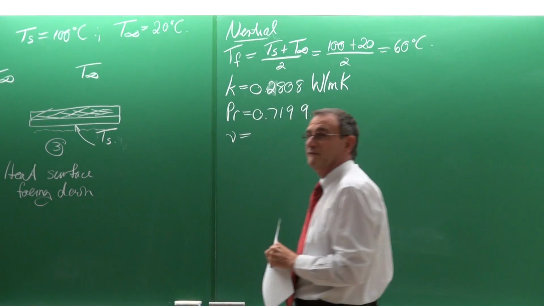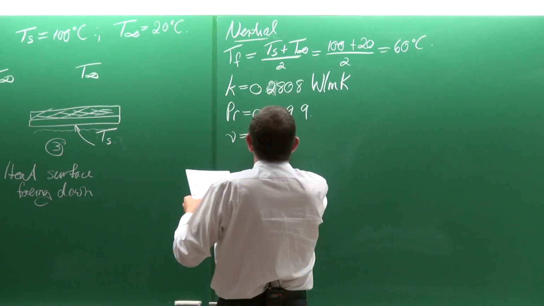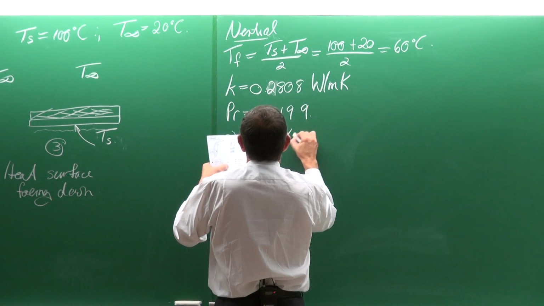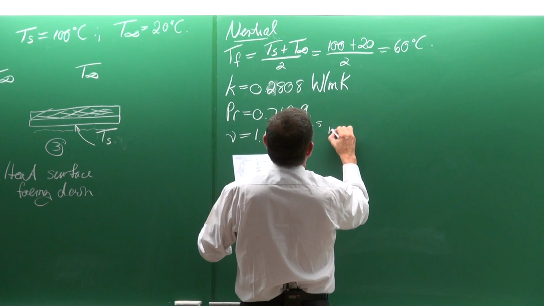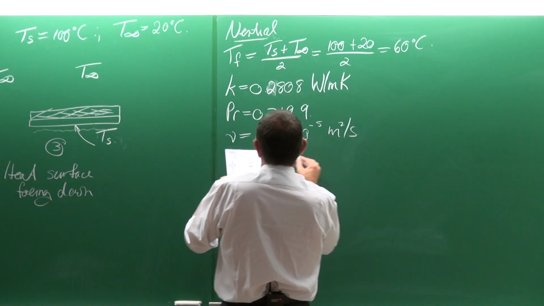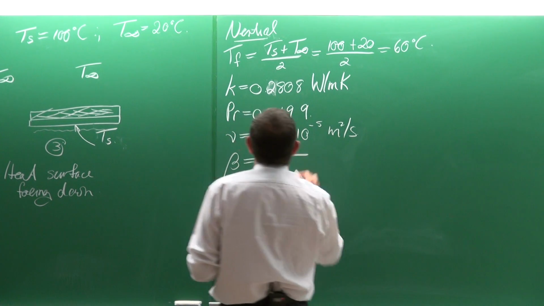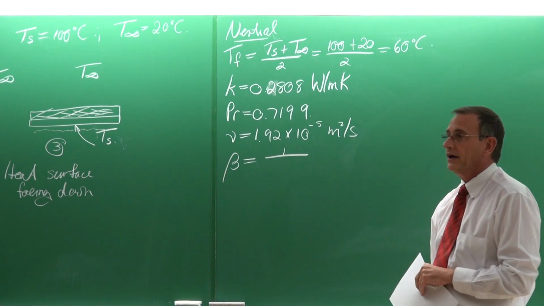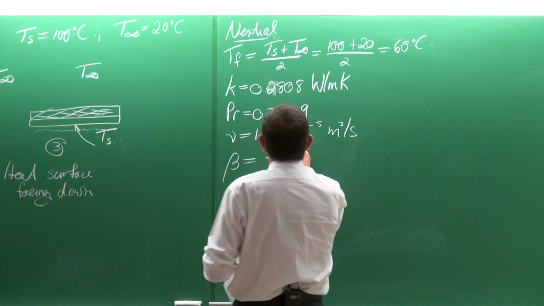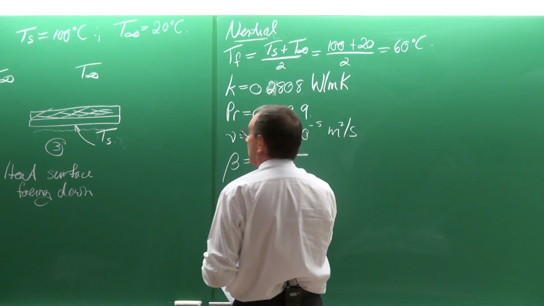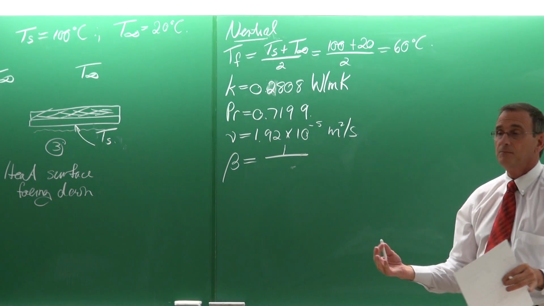The kinematic viscosity is equal to 1.92 multiplied by 10 to the minus 5 square meters per second, and beta is 1 divided by the film temperature if it's an ideal gas.